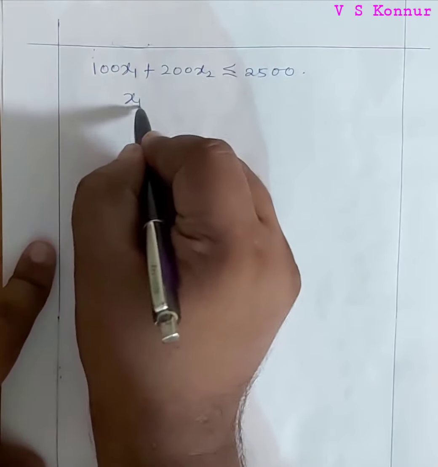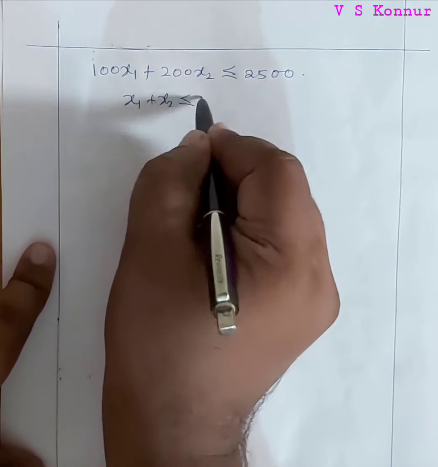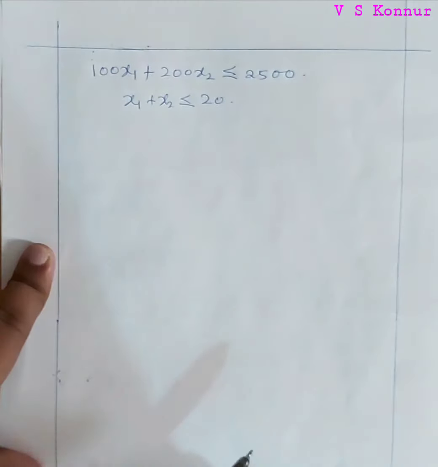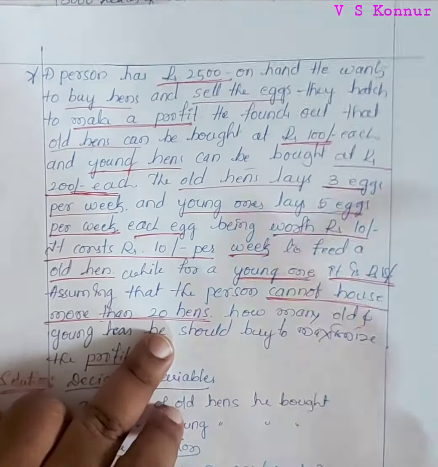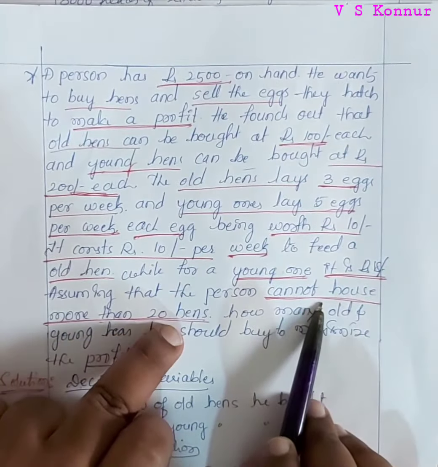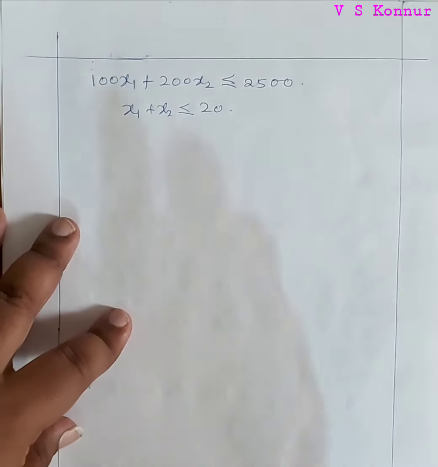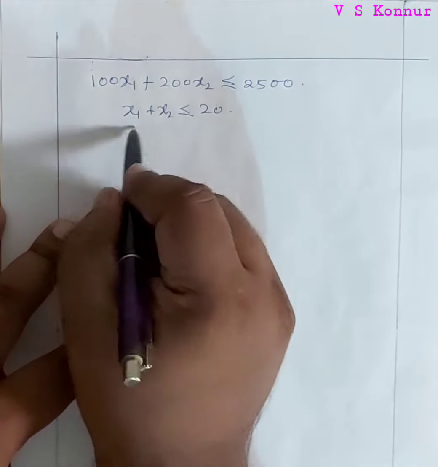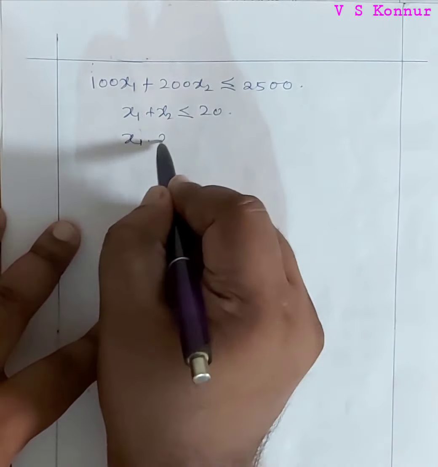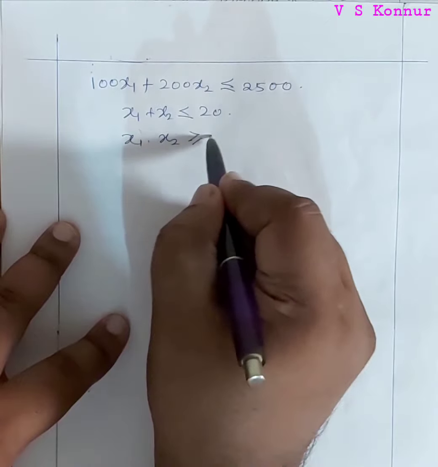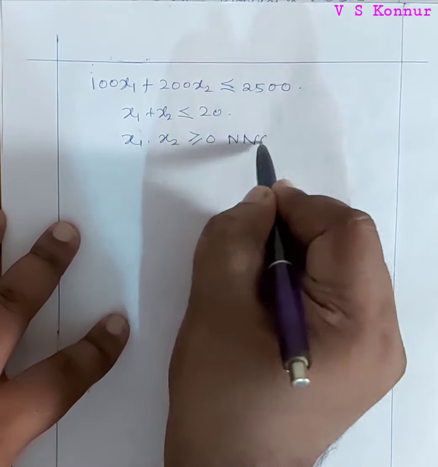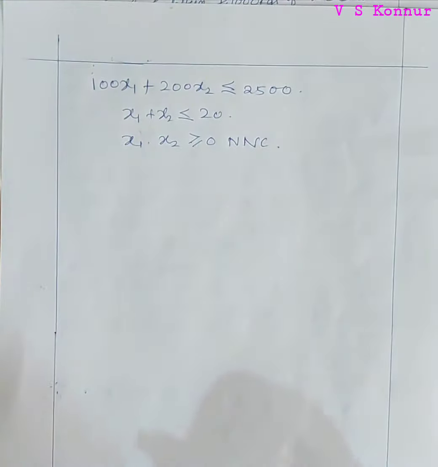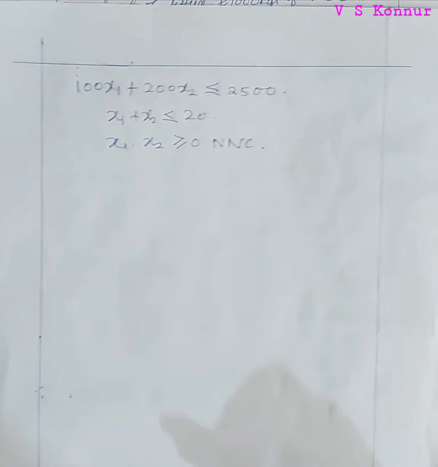And x1 plus x2 less than or equal to 20. This is nothing but he cannot house more than 20 hens. It may be old hens or young hens, or the addition of x1 and x2, less than or equal to 20. Lastly, x1, x2 greater than or equal to 0, it is called the non-negativity constraint. So this is how we have to solve the problem.